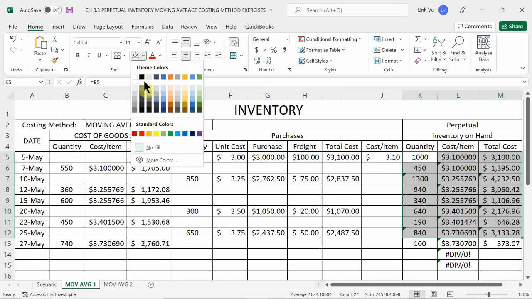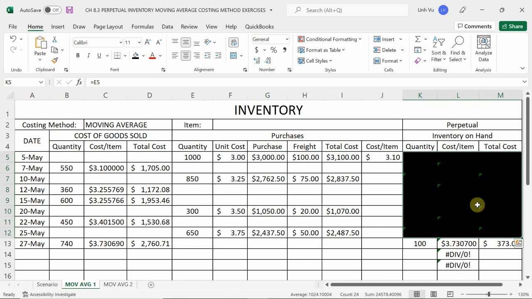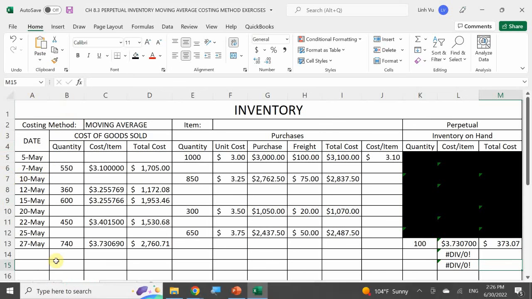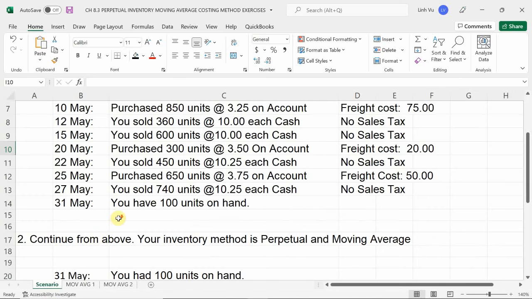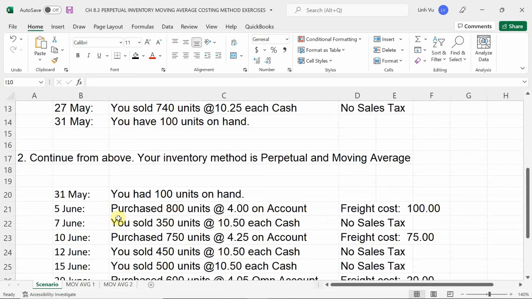Okay, so now that we have 100 units remaining at 3.7307, we can see what's going to happen in the next section. Because now we are done with that inventory there. Okay, so question number 2 says continue from above. Your inventory method is still perpetual and it's still moving average.